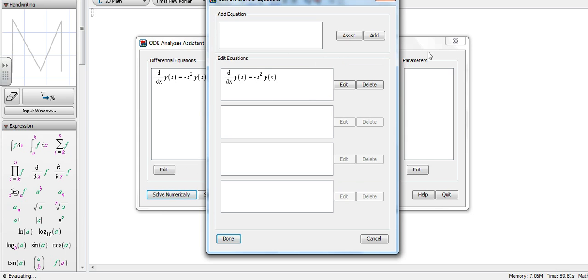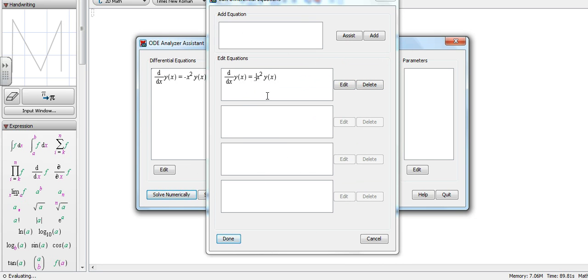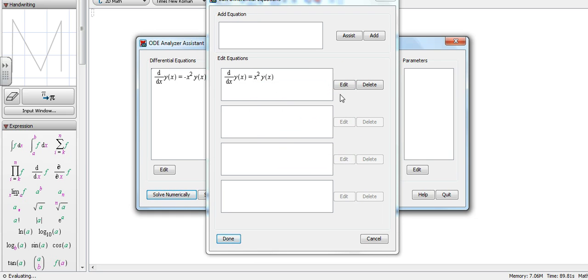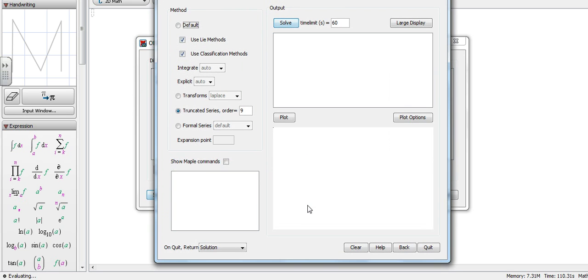And so we're going to edit the equation. Going to get rid of the minus sign. Well, we were too exuberant on having the right problem. And now we're going to go up to 12 because we want to see the ninth guy. 12.